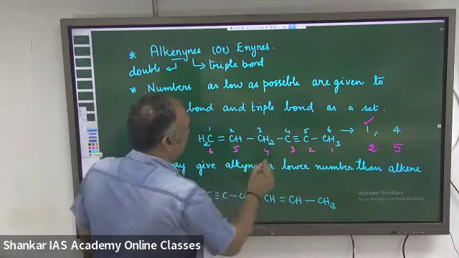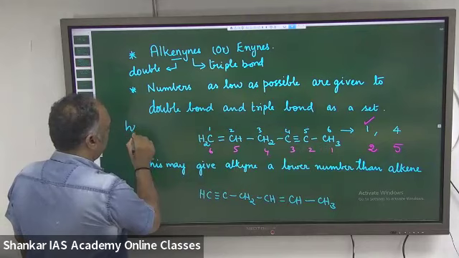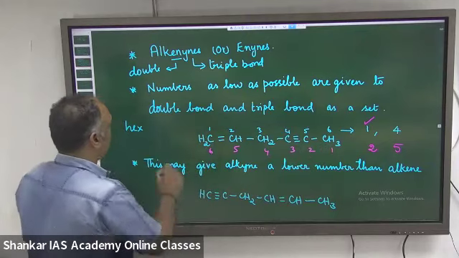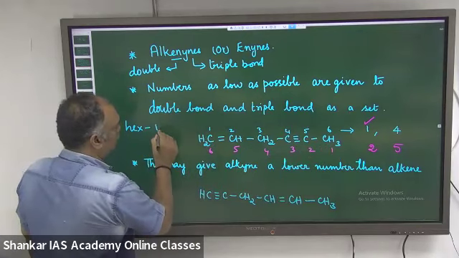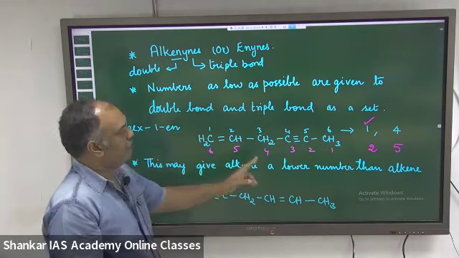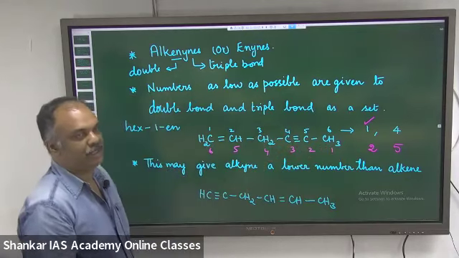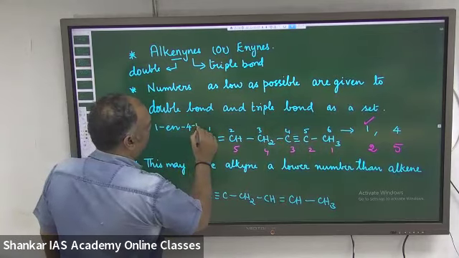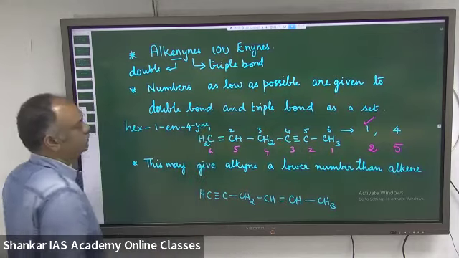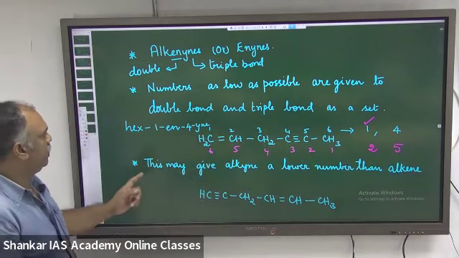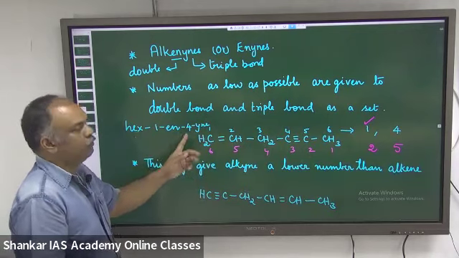Being 6 carbon, it is hex, and we have alkene at the first position, so 1-ene, and we have triple bond at the fourth position, that is alkyne, so it is 4-yne. So what is the name of this compound? This compound is hex-1-ene-4-yne.